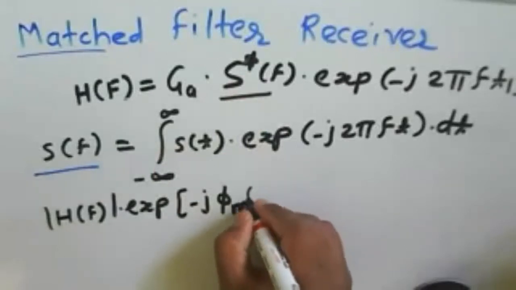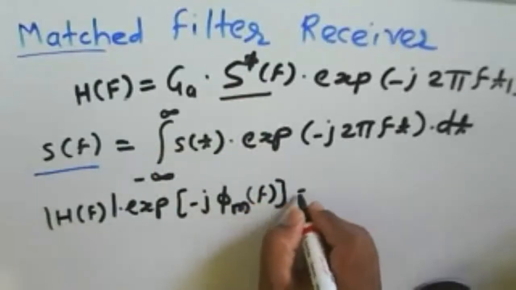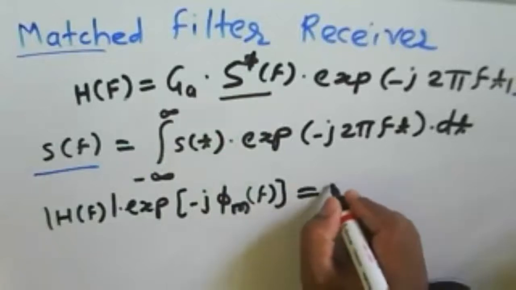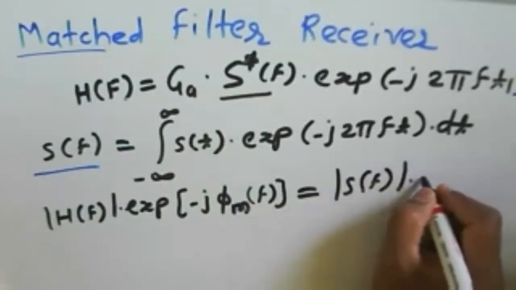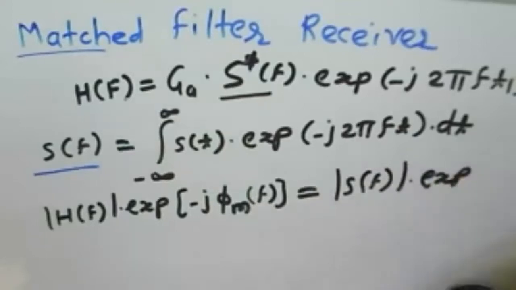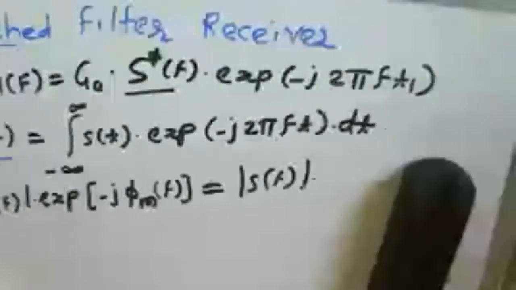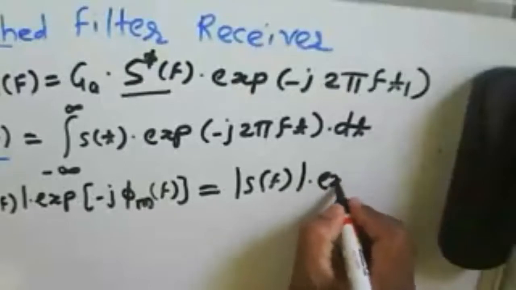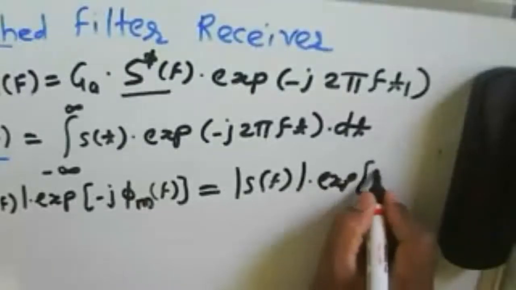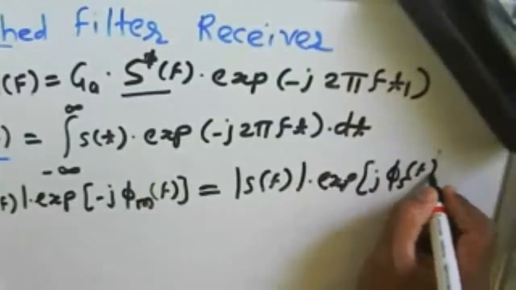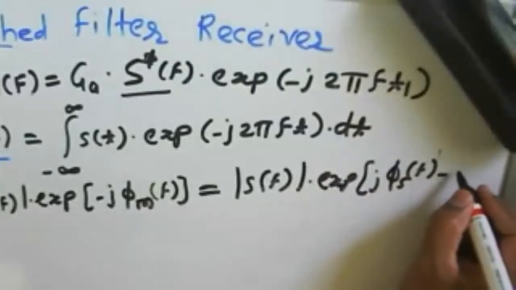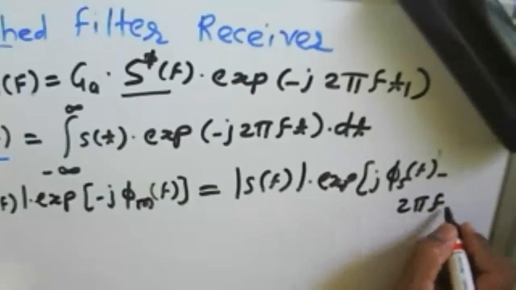So we can say that H m of f is equal to the magnitude of S of f, times the exponential of j, we have phi s of f minus twice pi f t1.